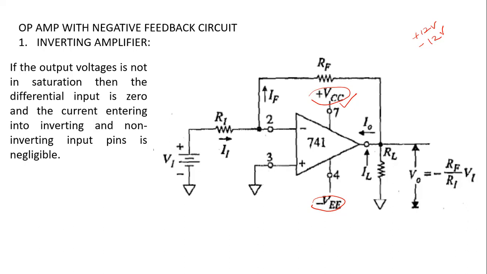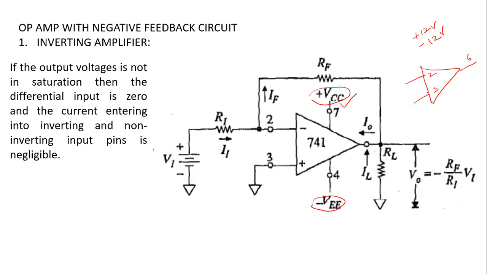So far we have discussed the op-amp in open loop configuration. Open loop, as I mentioned in the previous class, means you are not connecting output to input. If you take a simple op-amp circuit like this, you take the output from pin number 6 and give input at pin number 2 and pin number 3.